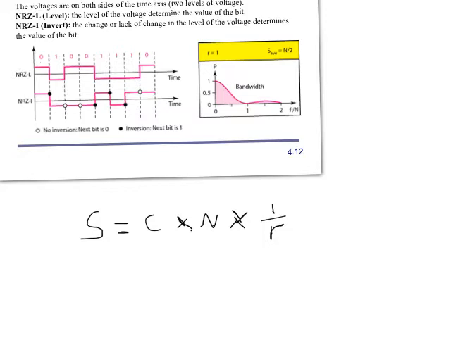Okay, so here what I'm going to do is that, forget about the first bit, level positive. If there is 1, I'm going to change the signal level. If there is 0, I'm going to keep the signal level as is. That's what this scheme does. So it's changing the signal level by inversion.